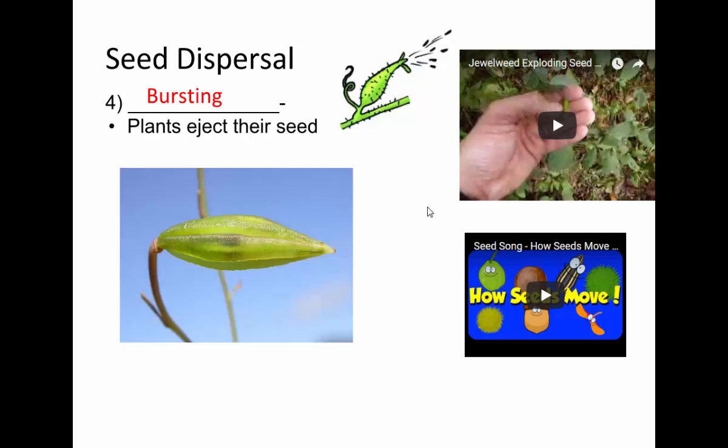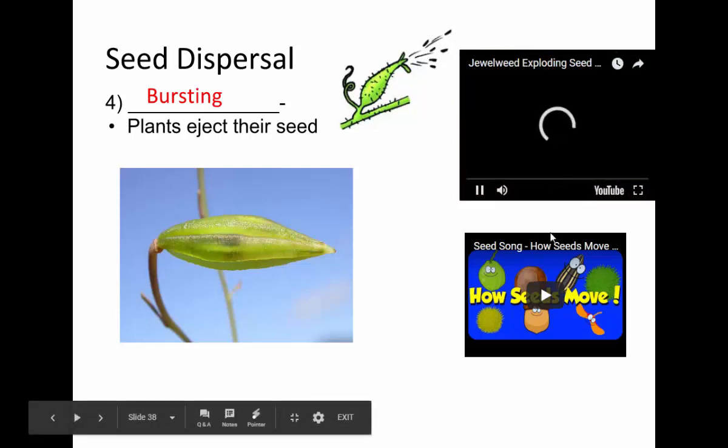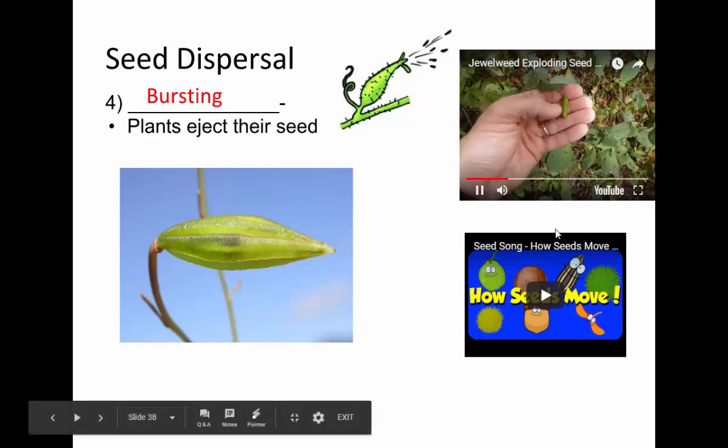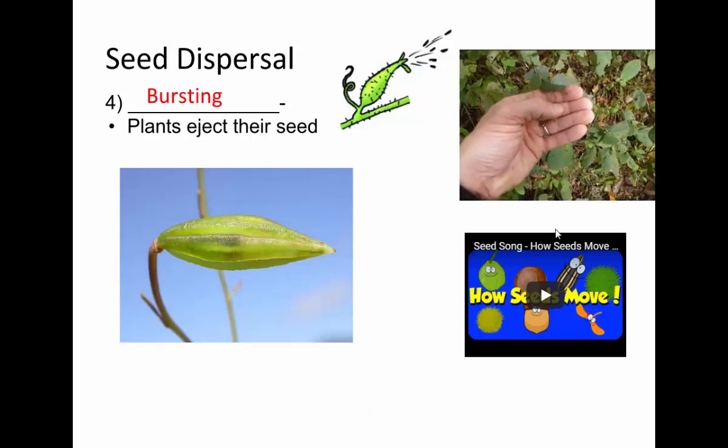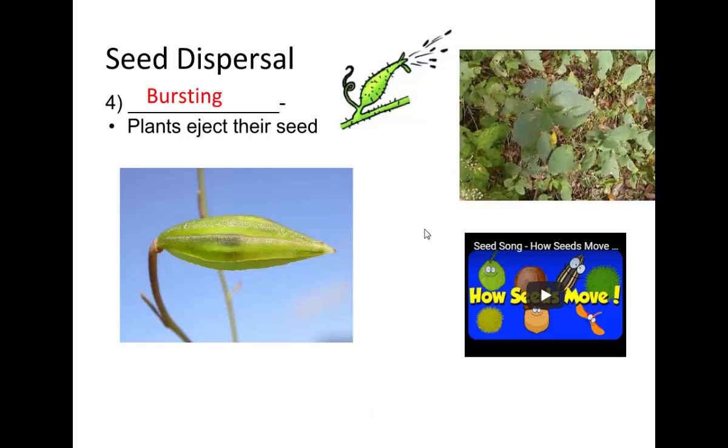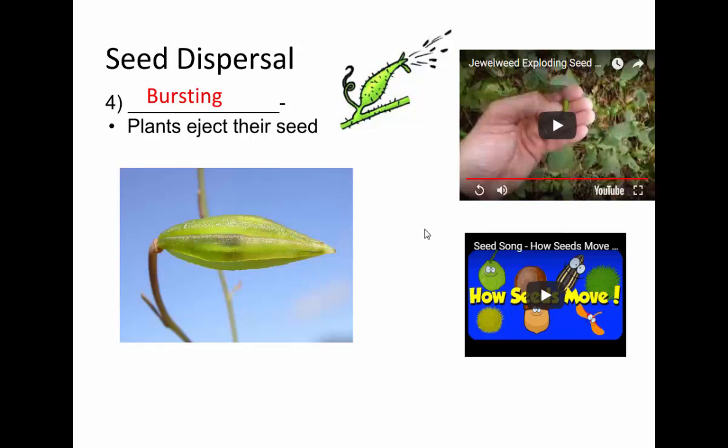It's kind of hard to see because it happens so quickly, but if you ever find these sometimes hiking on the side of a trail, and they're mature and plump, you can just press them. The whole point of that plant is to spread its seeds. The purpose of that exploding pod is to spread the seeds away from the parent plant.